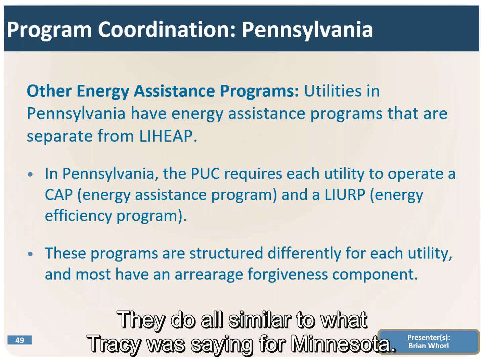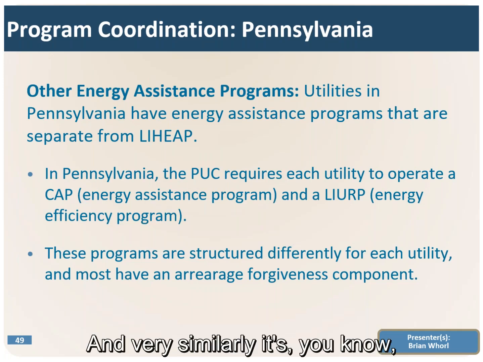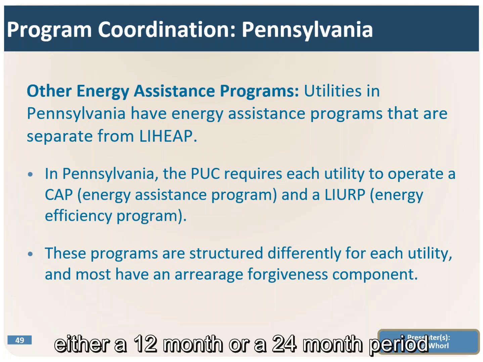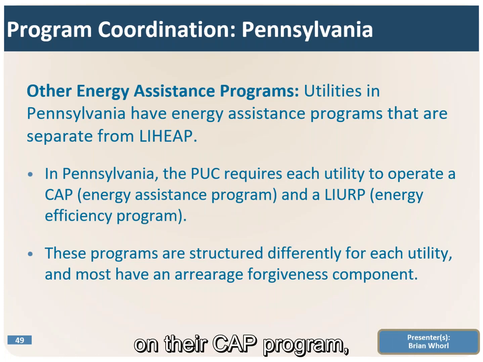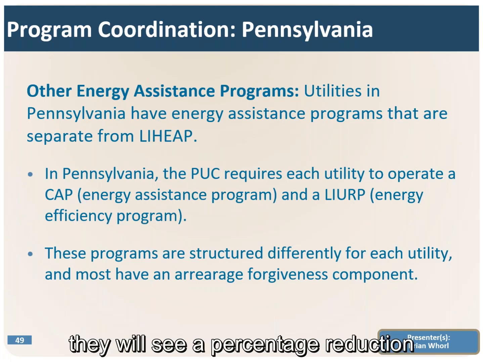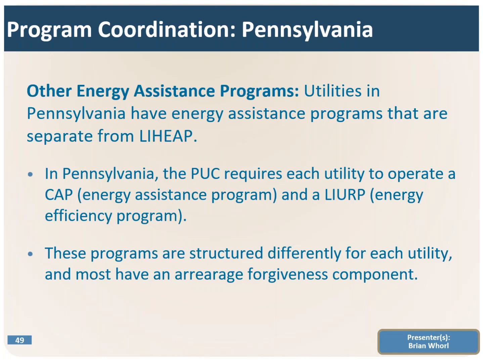Similar to what Tracy was saying for Minnesota, they do all offer an arrearage forgiveness component. And very similarly, it's either a 12-month or a 24-month period where, as long as the household is making consistent monthly payments on their CAP program, they will see a percentage reduction in their past due arrearages. So next slide.